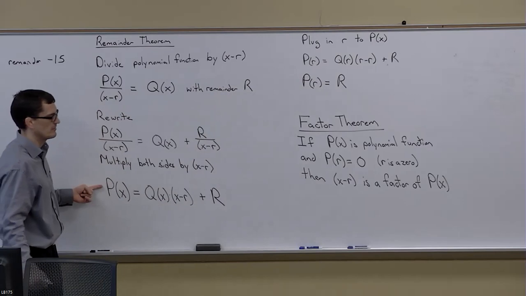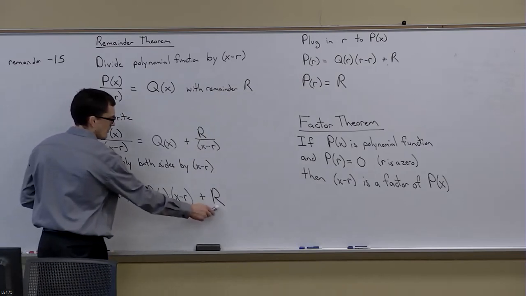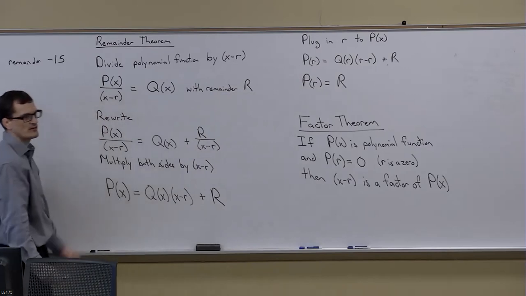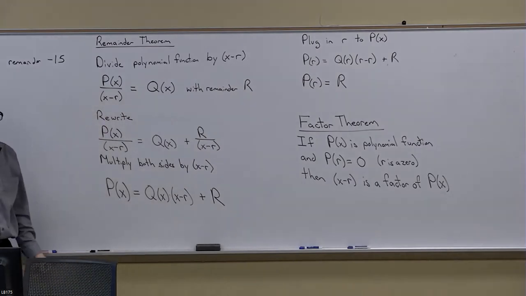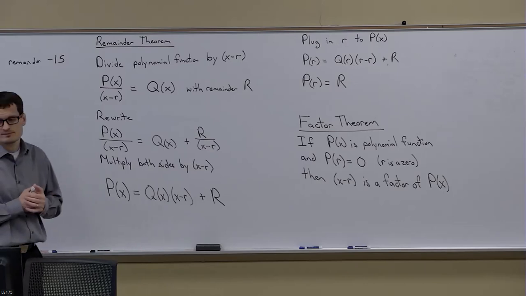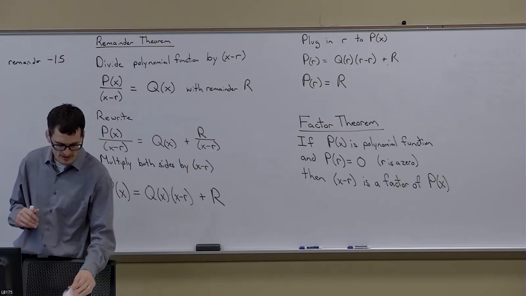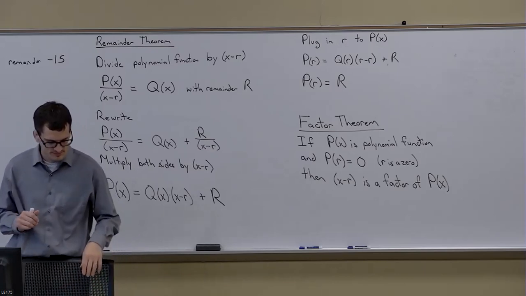If our remainder is 0, then x minus r is a factor of that polynomial. And that's what we use a lot.